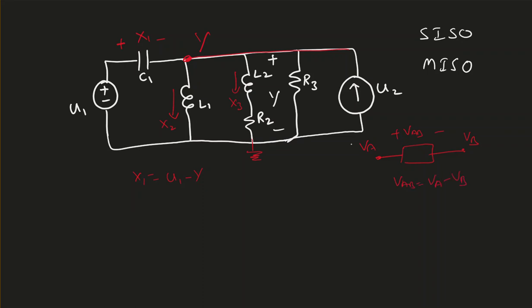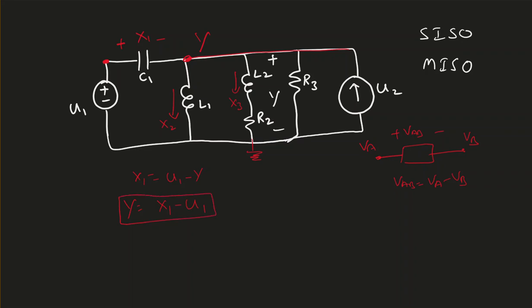If you follow this methodology, the voltage here is U1, so U1 minus Y must be equal to X1. If I bring the U1 to the other side, Y equals X1 minus U1.